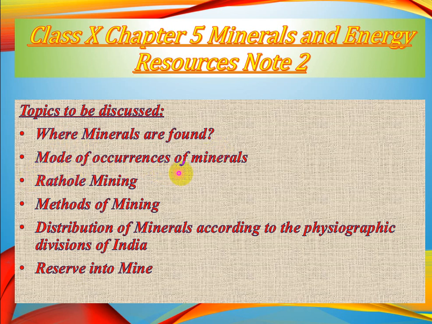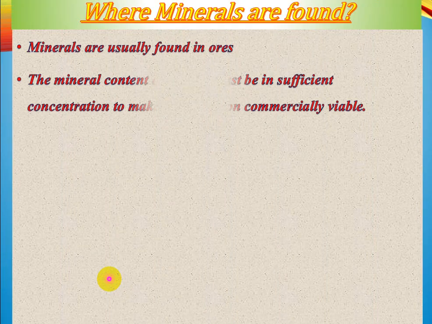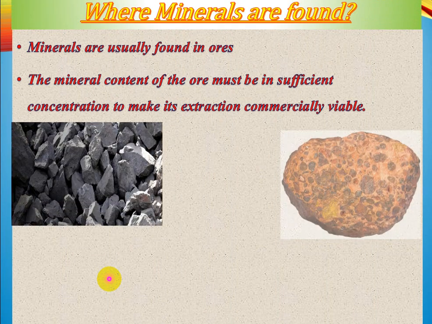What is the mode of occurrence? A specific type of mining, that is rat hole mining. What are the other methods of extraction of minerals, that is the mining methods? According to the physiographic divisions of India, where the minerals are distributed and how a reserve can turn up into a mine. So now let us proceed with the first topic for today, where minerals are found.